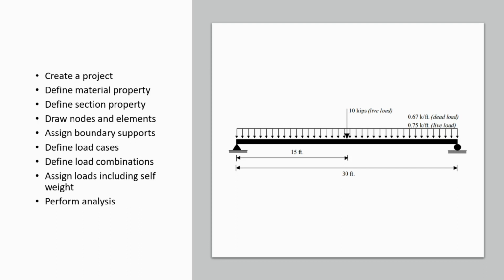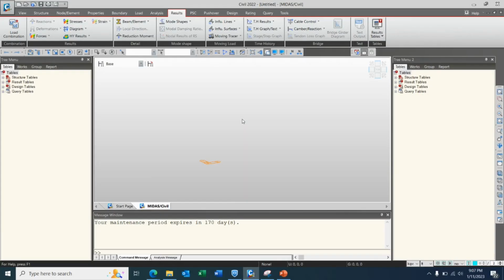We will assign boundary supports. The sixth step will be to define load cases and also load combinations. We will assign loads, including self-weight of the beam. And after doing all that, we will perform the analysis and look at bending moment diagram, shear force diagram, and reactions. So let's dive into Midas.